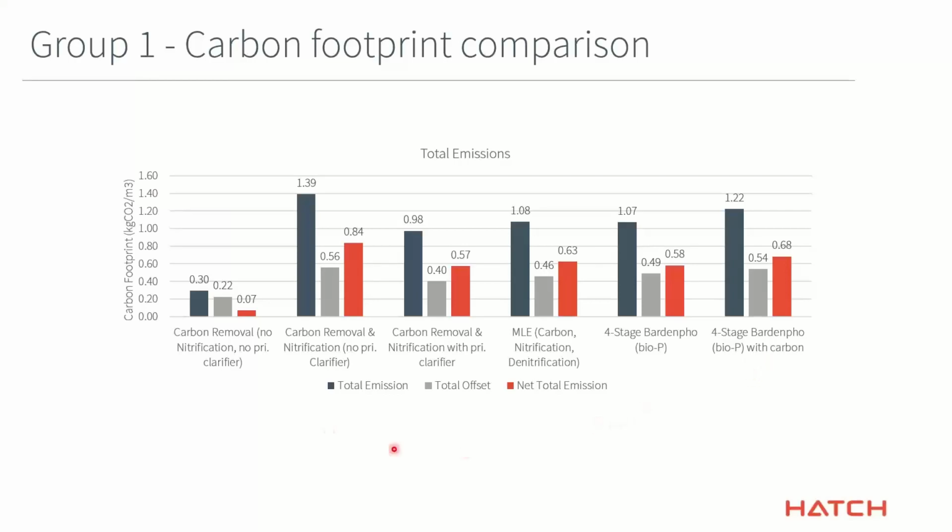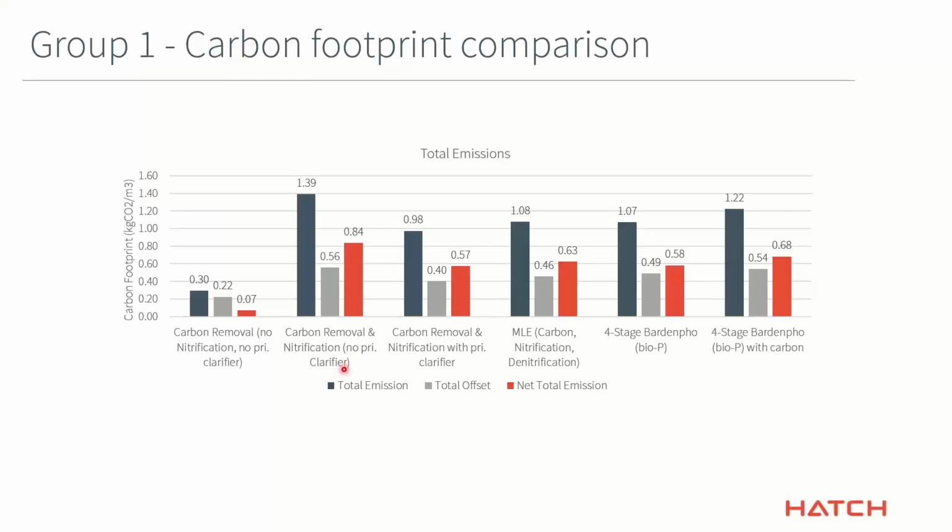So as we can see, we can concentrate on the net emissions here. If we are doing a very simple carbon removal process, we are not going to generate any nitrous oxide within the boundaries of the wastewater treatment plant, and our energy consumption with respect to aeration is also very limited. So it produces a very low carbon footprint. But if we go for nitrification, then we start to produce nitrous oxide, and that increases the footprint.